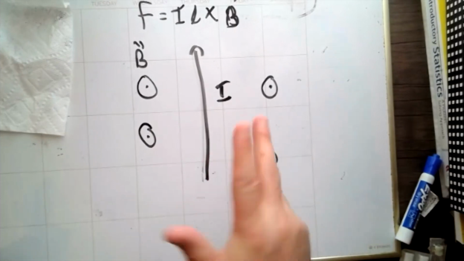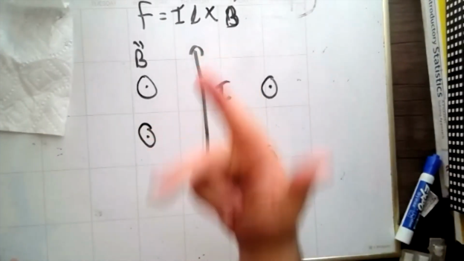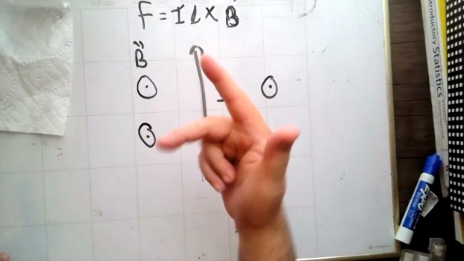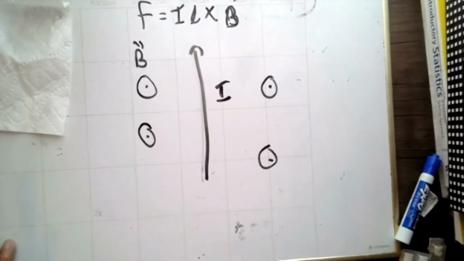Some people like to do the three-finger method like this. They just hold their hand in this orientation. I like to do the curly method, so I'll do it both ways.